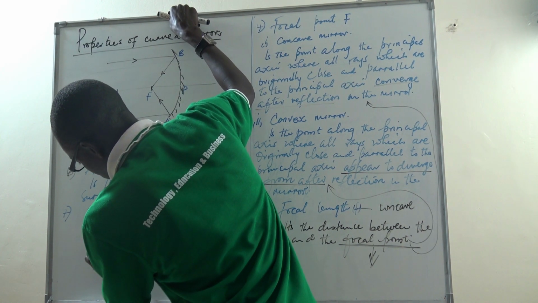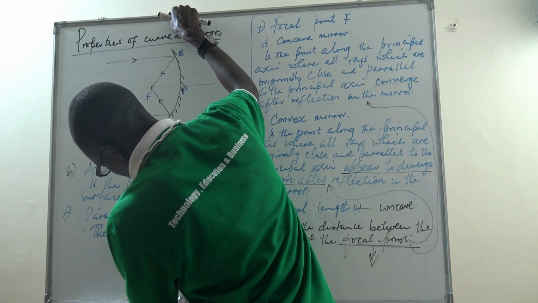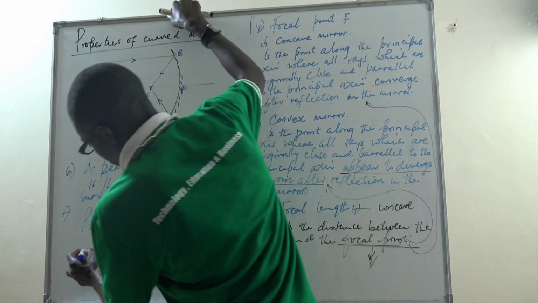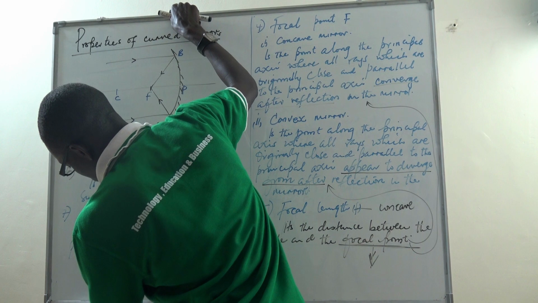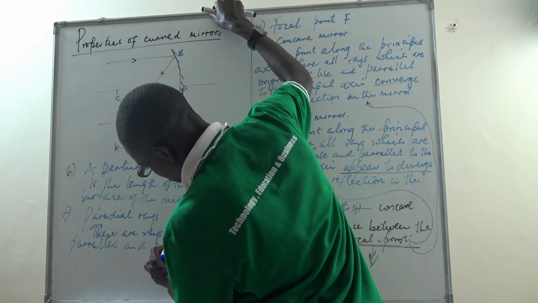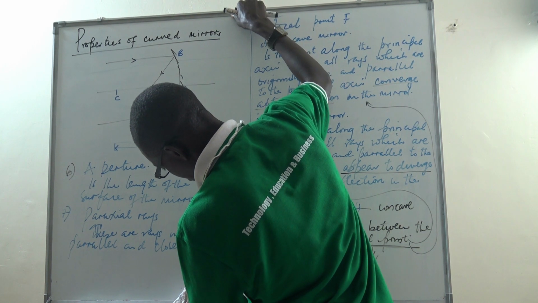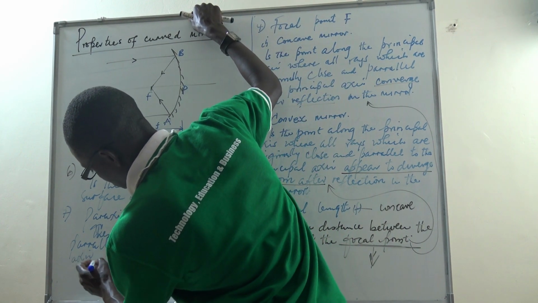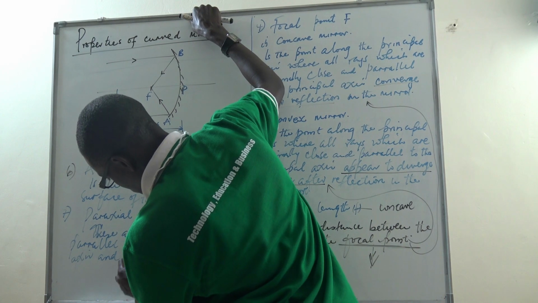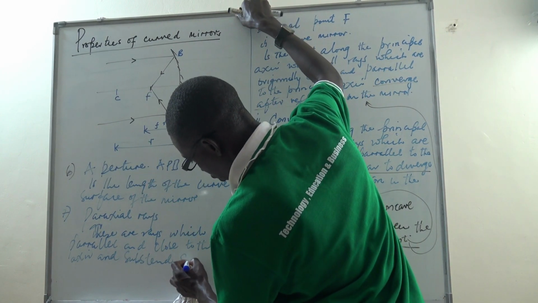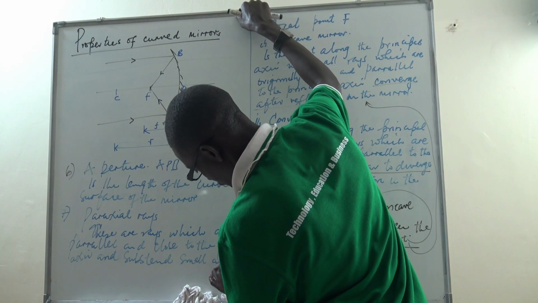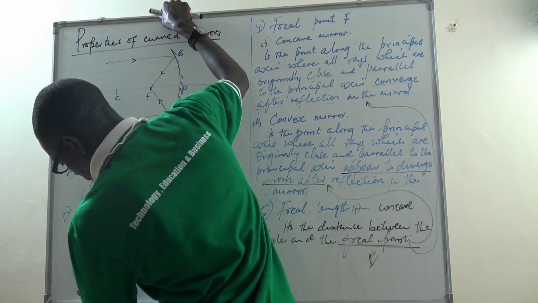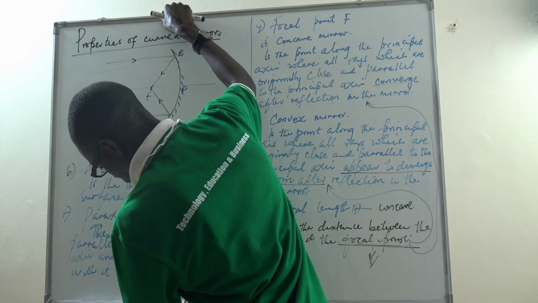You can say these are rays which are parallel and close to the principal axis and subtend small angles with it after reflection.